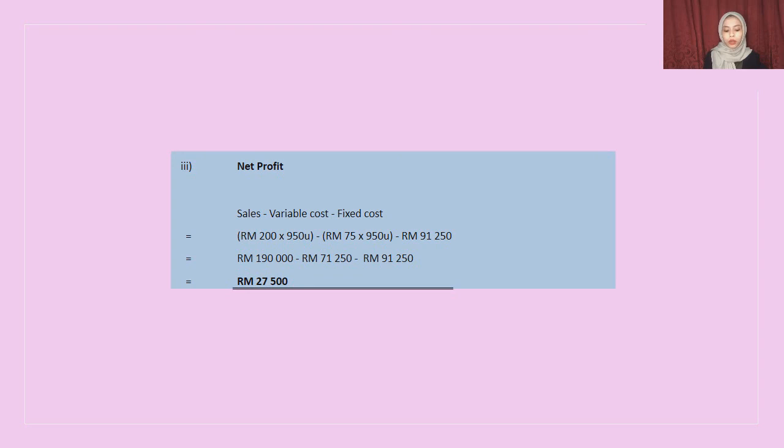So 200 times 915 minus 75 times 915 minus the fixed cost of 91,250 ringgit. So the total for this part is 190,000 minus 71,250 minus 91,250, and the total for this question is 27,500.